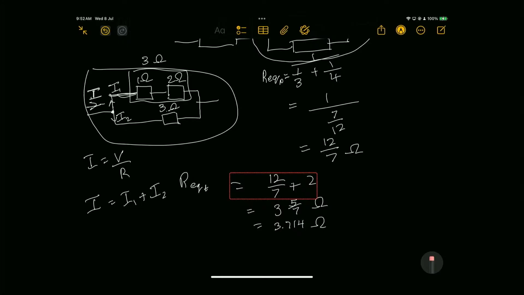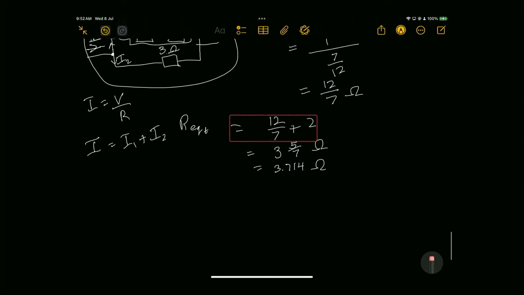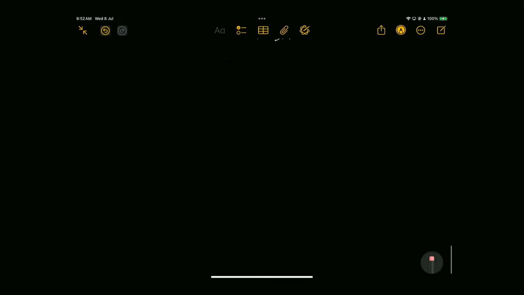Right. So the sum of all the voltages around a closed loop in a circuit is equal to 0. Right. So let's take a small example of that, right?